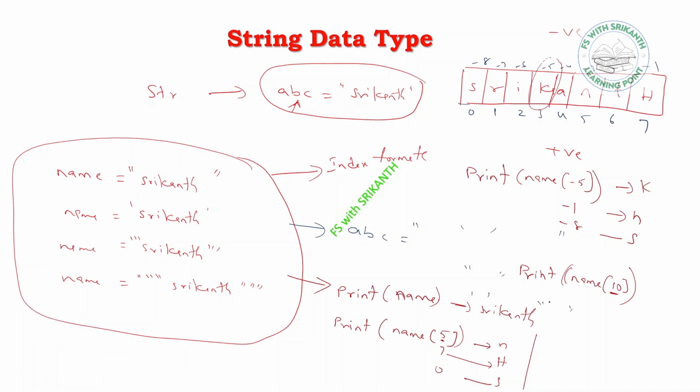When I try to execute this, what do I get? It is an error. What error is this? Index out of range. So in this way we can print.